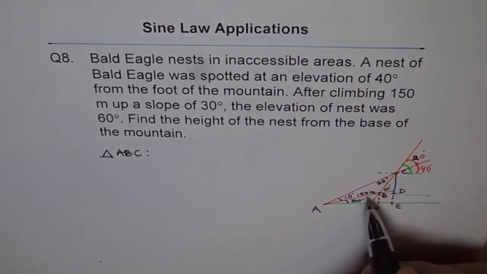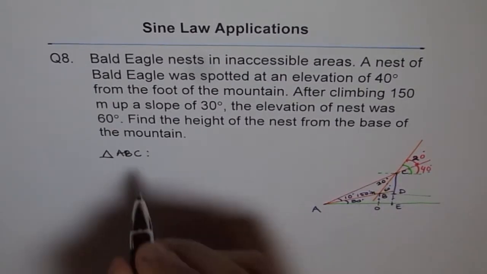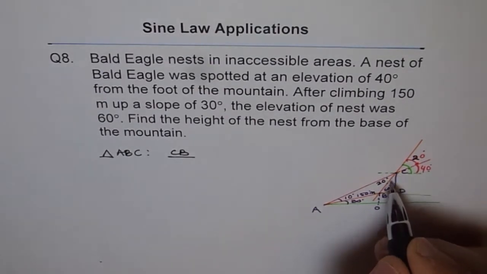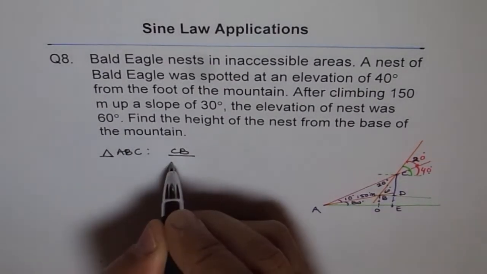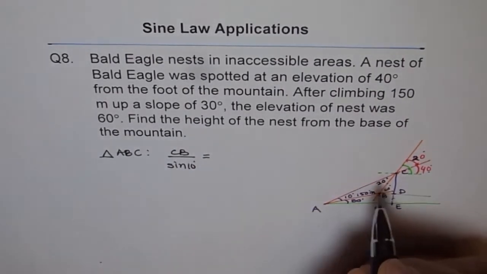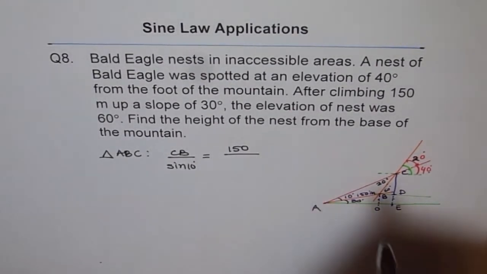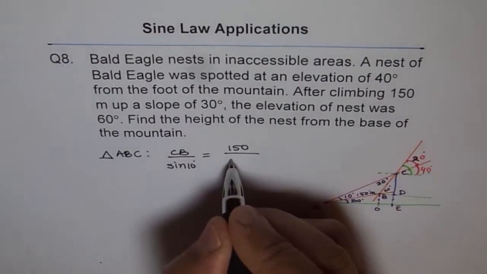We know this angle and that side, and what we need to find is CB, right? So we say, well, CB over, if this is CB, the angle opposite to CB is 10 degrees, over sine 10 is equal to known side of 150 meters over this angle which we calculated as 20 degrees, sine of 20 degrees.